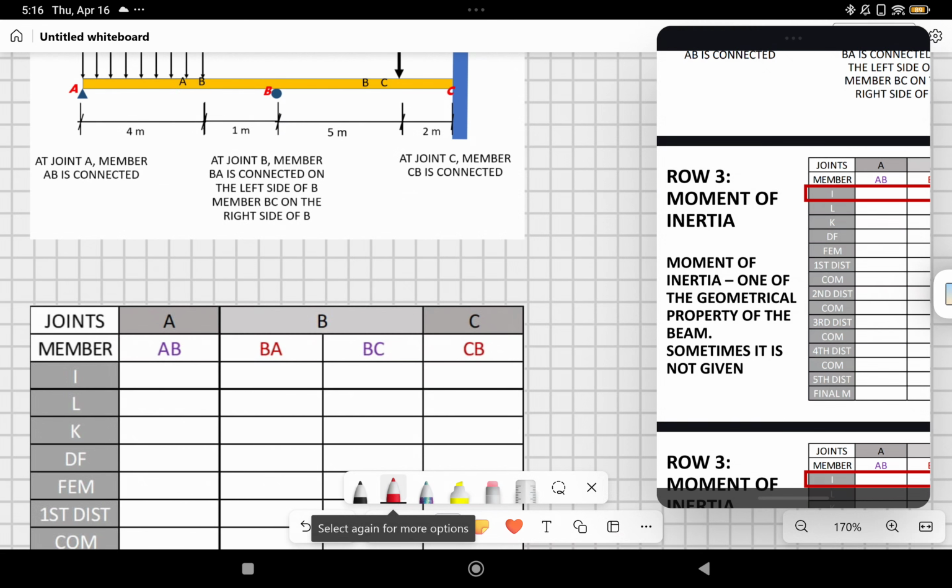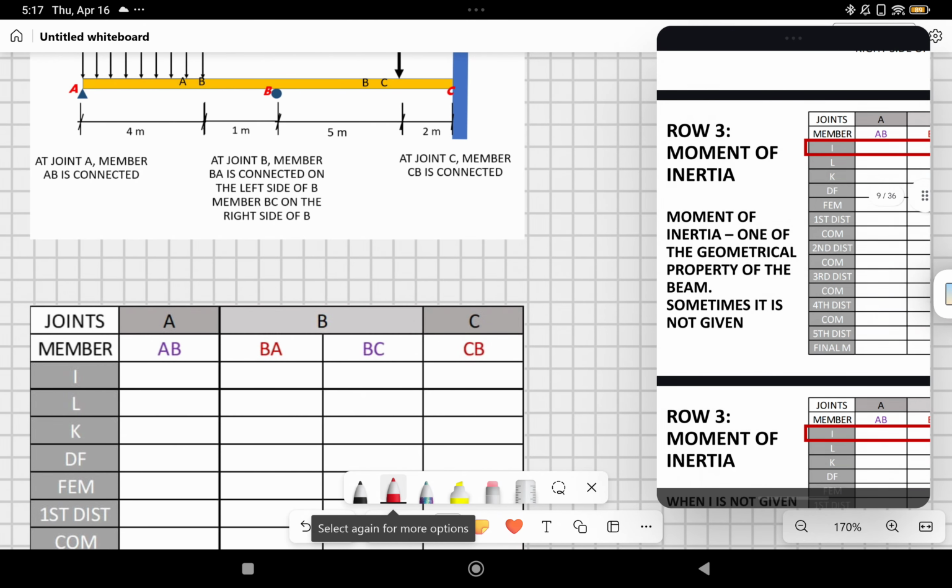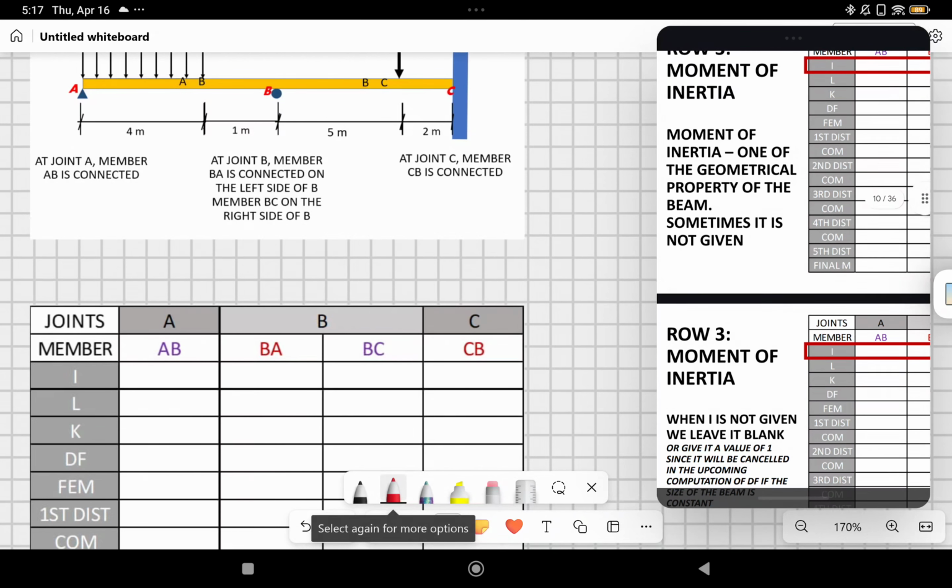Because at the start of an analysis, before the design, there are a lot of unknowns. So sometimes a section is not given, so therefore the moment of inertia is not given, because moment of inertia is dependent on the given section or given size of the beam.